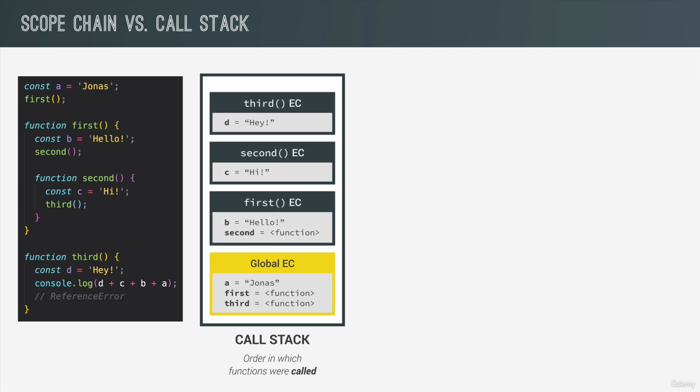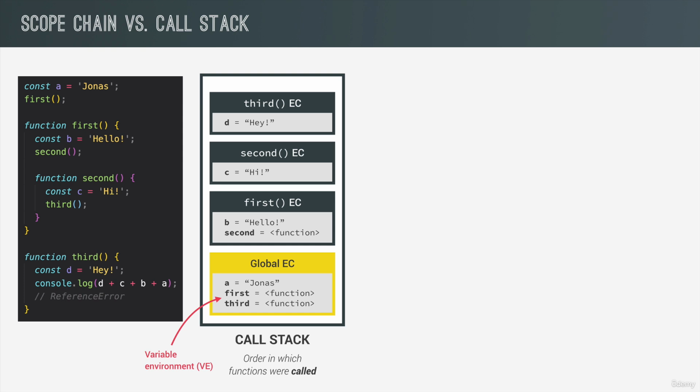One execution context for each function in the exact order in which they were called. I also included the variable environment of each execution context. For now, all this has nothing to do with scopes or the scope chain, alright? All I'm doing is creating one execution context for each function call and filling it with the variables of that function. And you can pause the video here for a moment to understand the content of each variable environment.